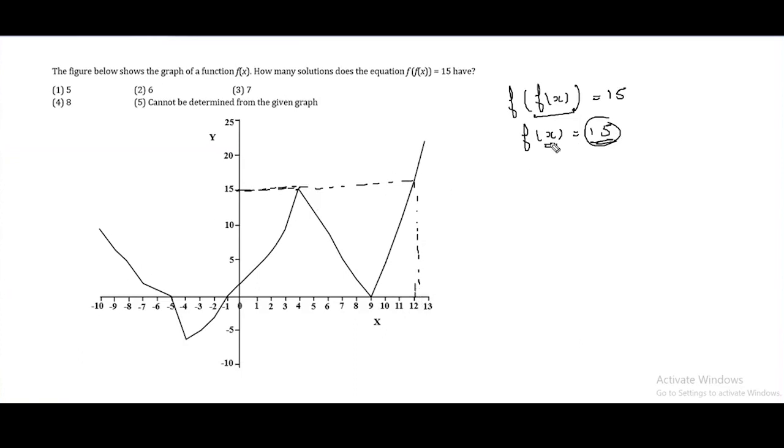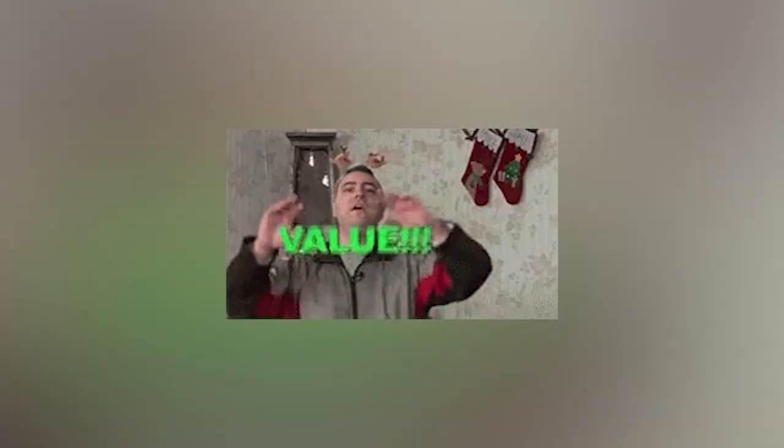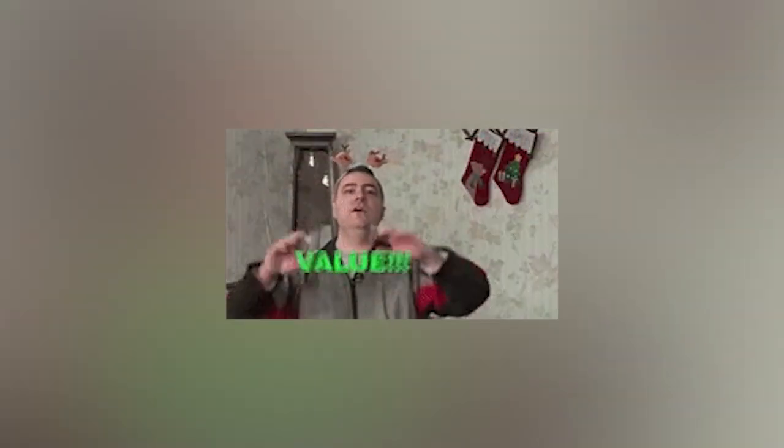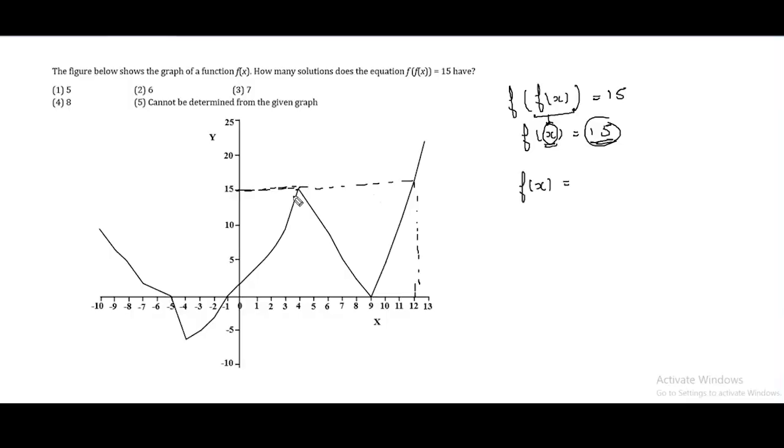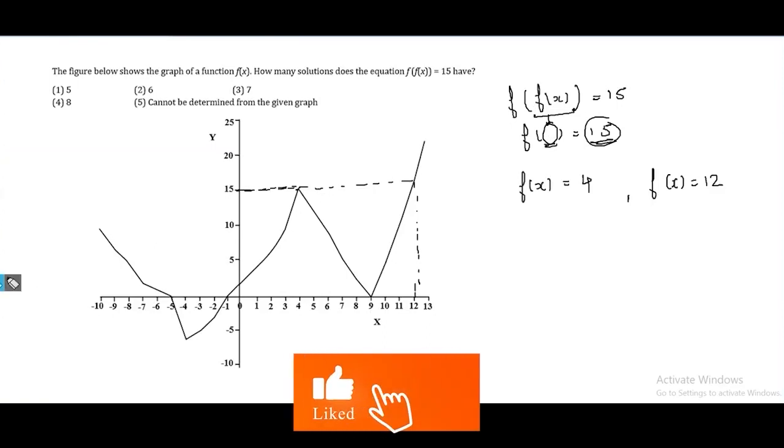So this is 15, which means f of x is either 4 or f of x is 12. Are you getting it? Because I have replaced this value with x, or here, if you do not want to be confused, you can take any other variable.